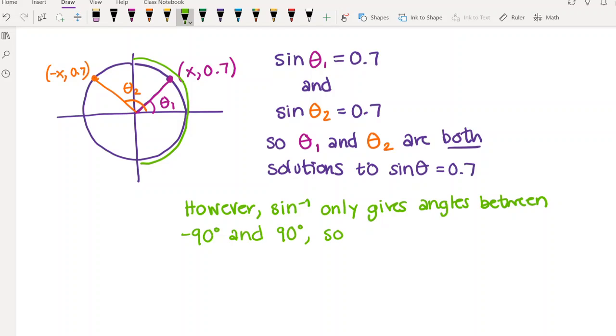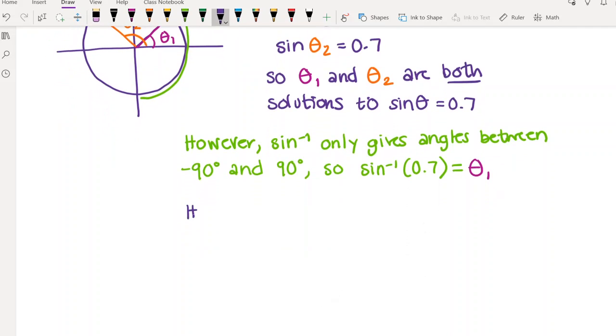So if you were to type inverse sine of 0.7 into your calculator, it's not going to give you both of these angles. It's only going to give you the smaller angle. It's only going to give you theta 1. So the question is, how can we find theta 2, kind of using that information?